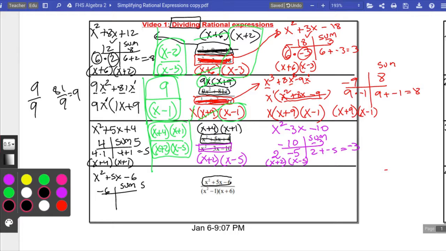I can think of 3 and 2. No. What about 6 and negative 1? 6 plus negative 1, you get 5, right? So x plus 6, x minus 1. So scratch that. So we have x plus 6, x minus 1.